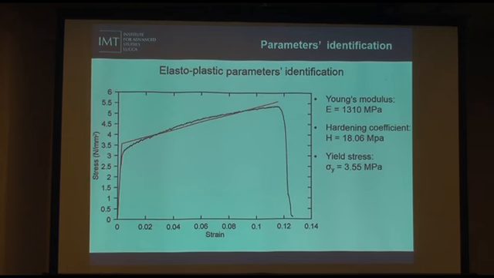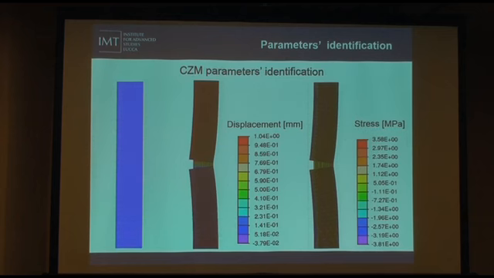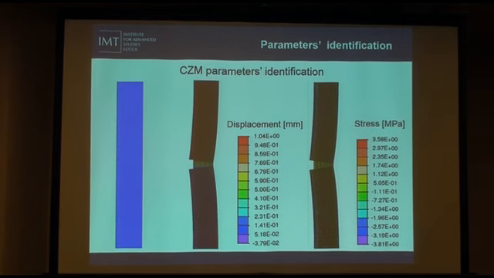First, we identify the elastoplastic parameters by interpolating the unnotched specimen curve with a bilinear curve, then the notched specimen results. For the identification of the cohesive model, we had to perform many simulations and try to identify the parameters manually.